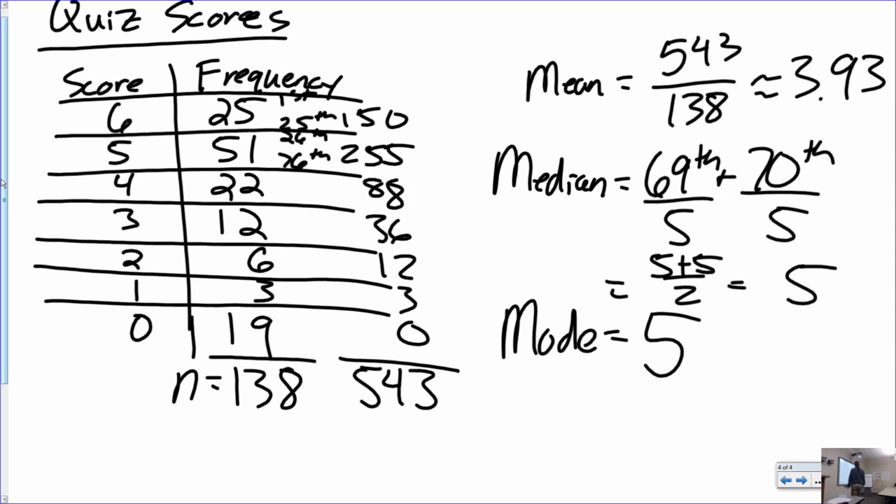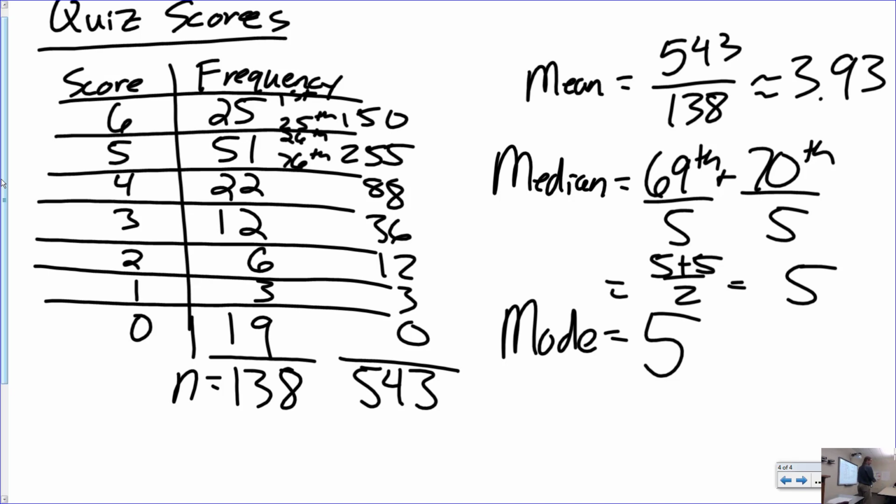Just be careful. Sometimes students tell me that the mode for this particular problem is 51. Why would they say 51? Because they give me the frequency of the largest number instead of the data associated with that largest number. So be a little careful with that one, just don't make that mistake.